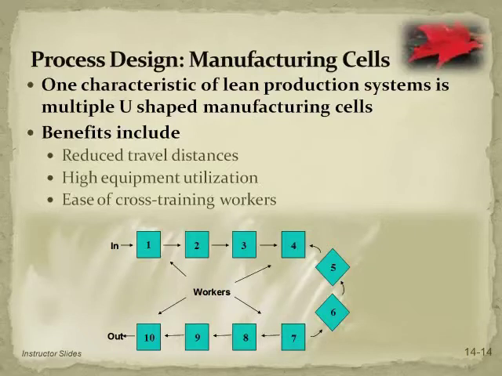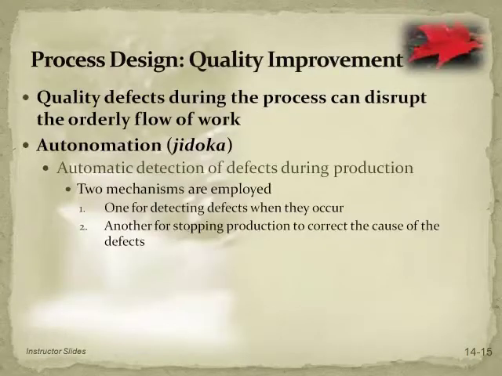So we could have an employee that maybe is doing the operations on machine 1, 2, and 3, and a different employee that's doing the operations on machine 4, 5, and 6. And if for some reason an employee is unable to come to work, we can cross-train those employees to where they can operate different machines, which makes us more productive.